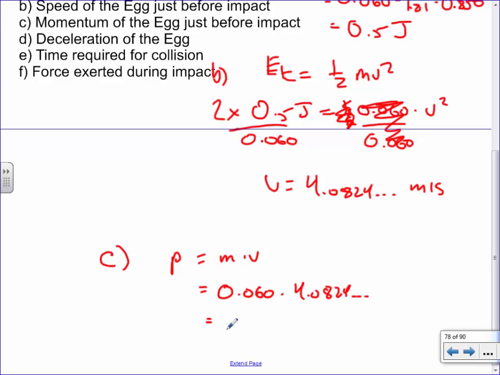Just do answer times by 0.060, just so you're saving all the digits. So then this makes it 0.2449. That's how much momentum your egg has. The momentum units are probably kilogram meters per second.